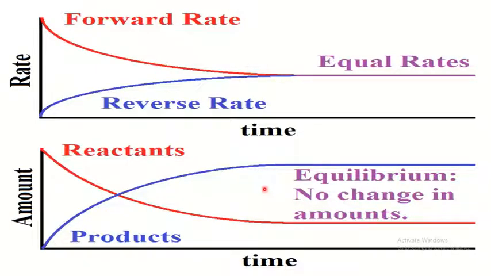Here the reactants produce product, and at the same time the product again produces reactant. So here we will get the mixture of reactant and product, and we will not get any more product from the equilibrium state.